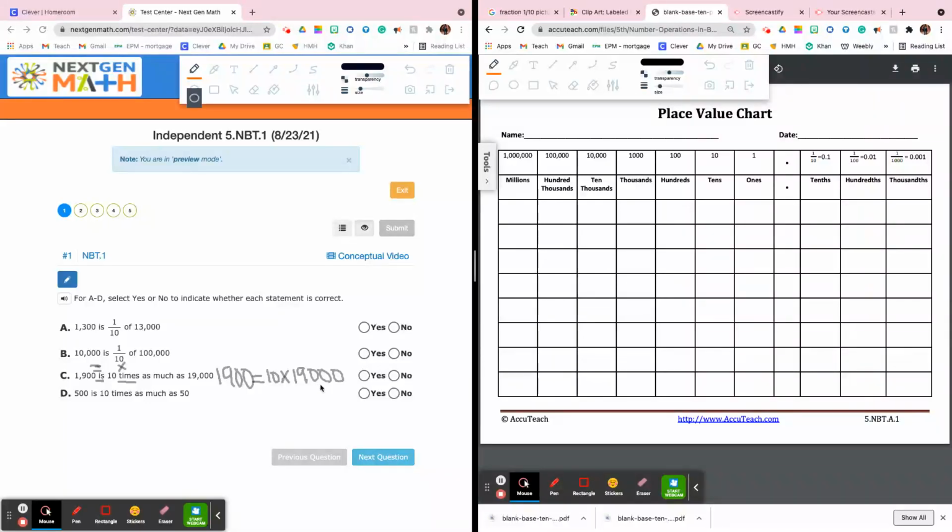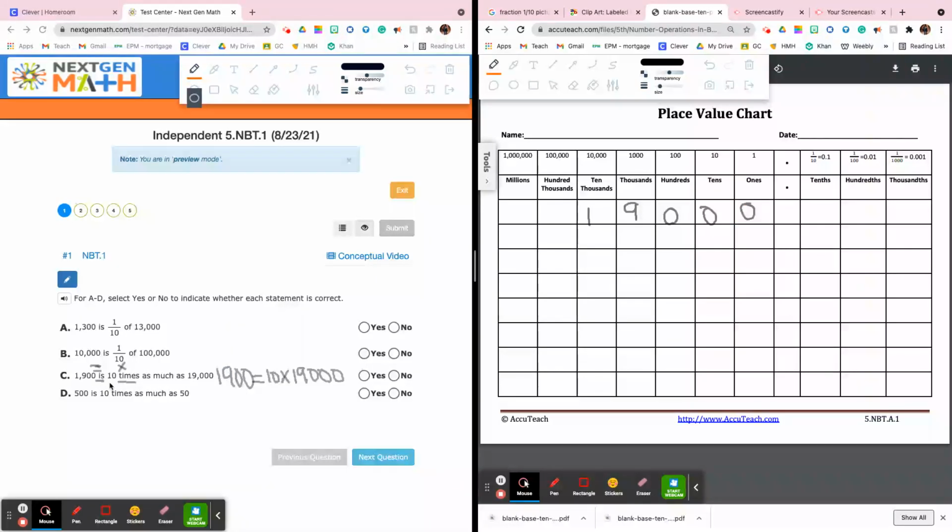If we were to multiply by 10, it will give us 1,900. So I look at my 1 and I ask myself, where will the 1 land on my place value chart? And if you said 10,000, you're correct. 9 will land on the 1,000 place. And my zeros will land on the hundreds, the 10, and the ones.